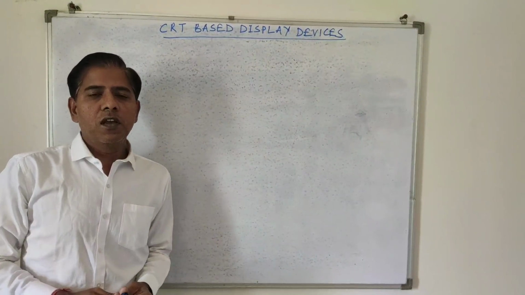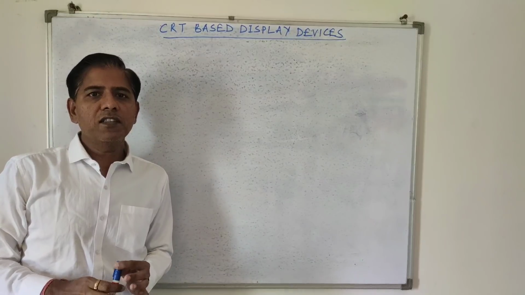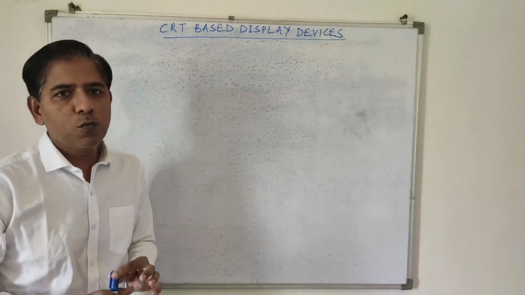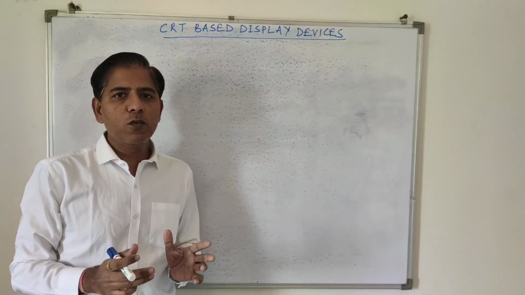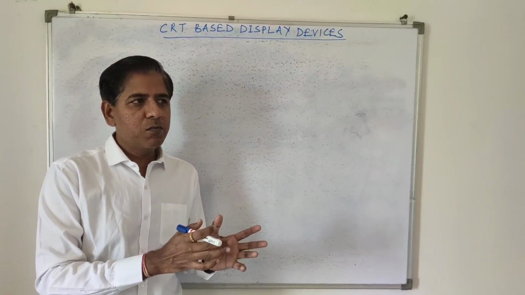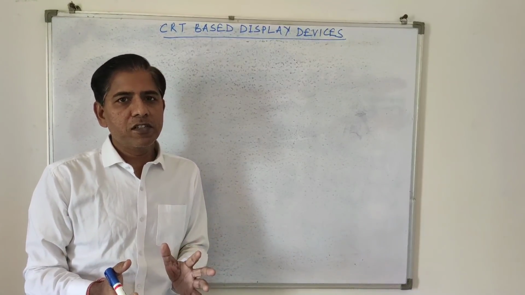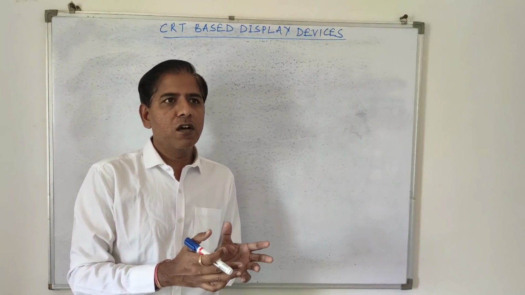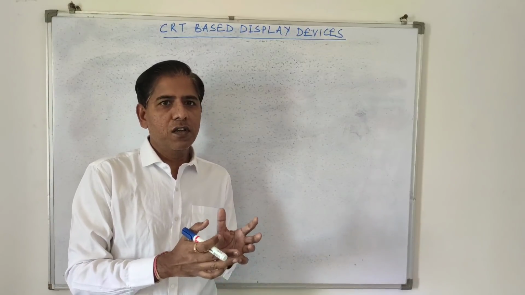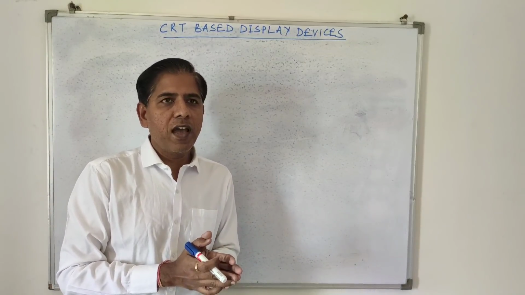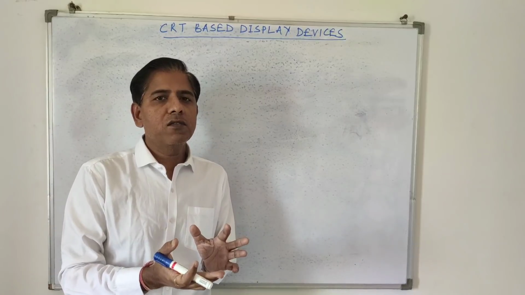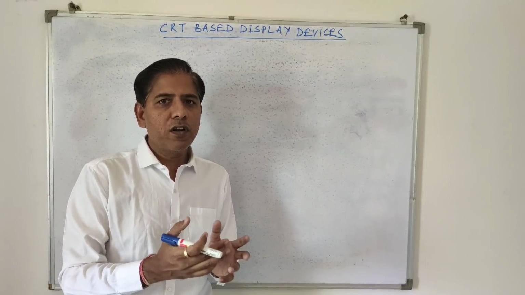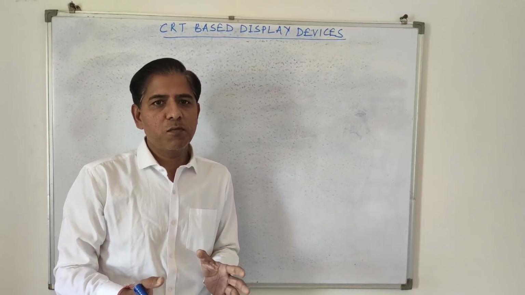Hi students. In the last lecture we have seen the classification of monitors. Monitors are basically classified into CRT based display devices and non-CRT based display devices. CRT based display devices means the monitors which contain the cathode ray tube, and the monitors which don't contain a cathode ray tube are called non-CRT based display devices.